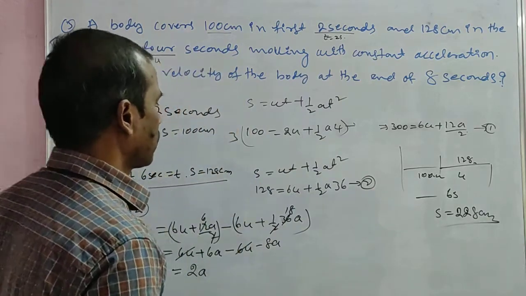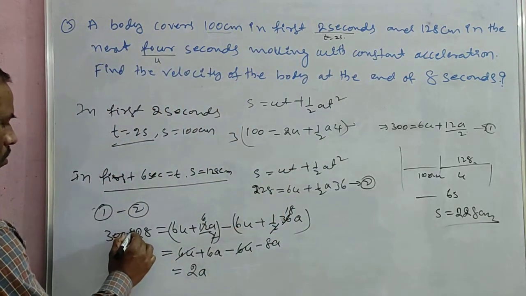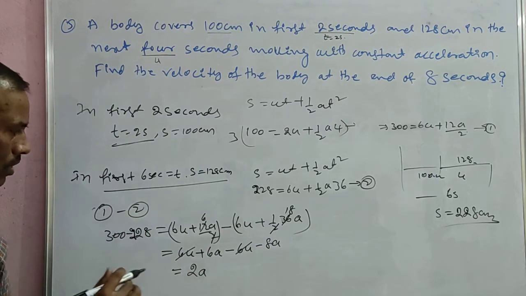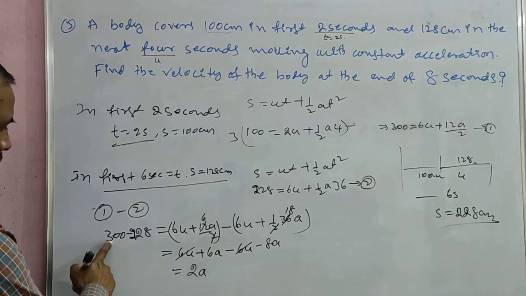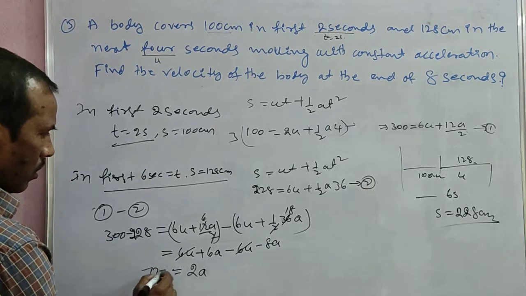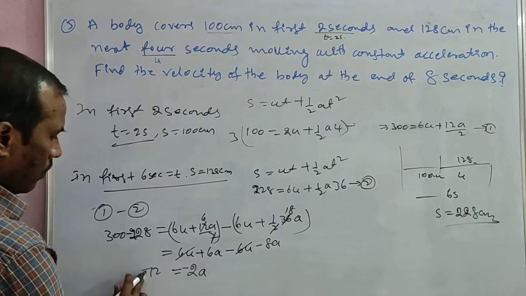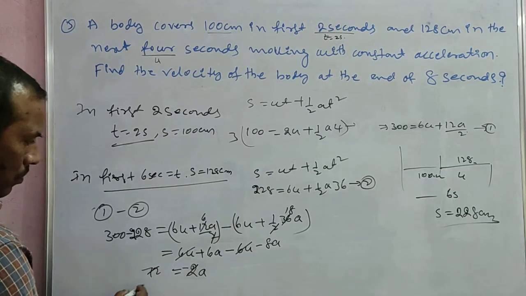Remaining, 300 minus 228 is 72. So 72 is equal to minus 12a.